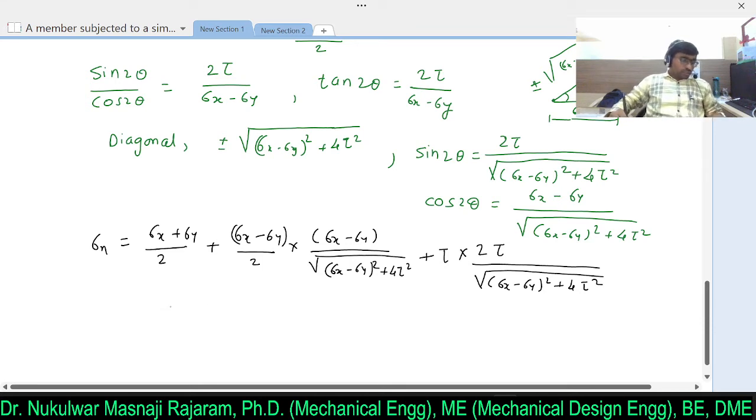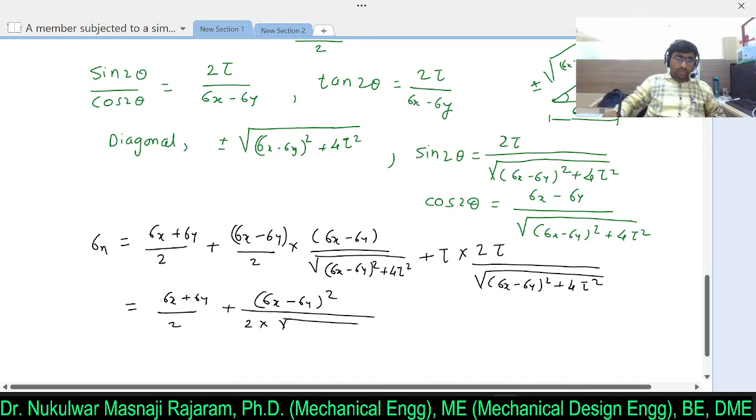Simple. So we will just simplify this equation. Here again I am writing sigma x plus sigma y divided by 2 plus, if you observe, sigma x minus sigma y, again sigma x minus sigma y, so a into a, that is sigma x minus sigma y whole square, divided by 2 into under root of sigma x minus sigma y square plus 4 tau square.